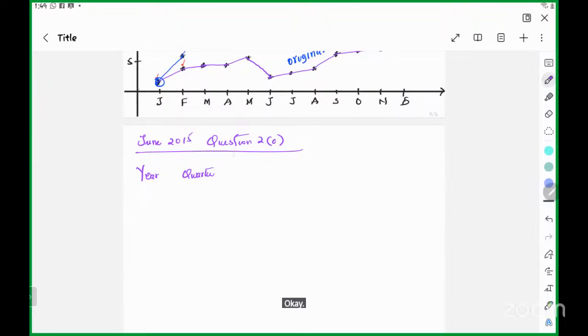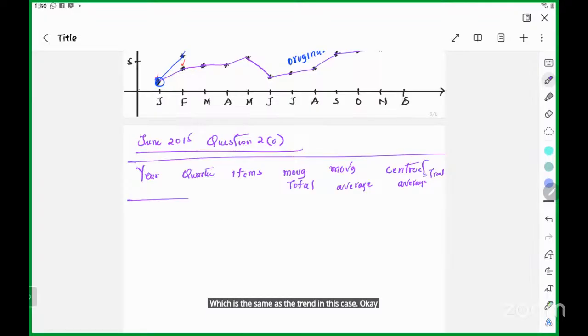So you'll have quarterly items sold. So items, or units, you may say that. Then we have the moving total, the moving average, and then the centered average, which is the same as the trend in this case.